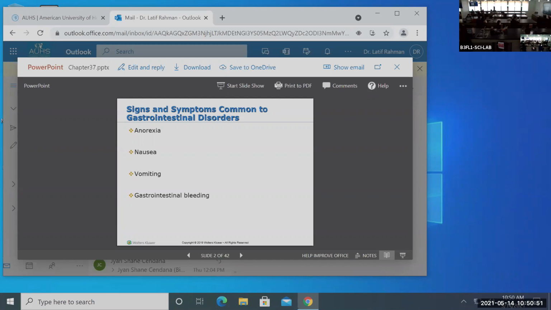Because of the inflammation, these two parts become connected and form a passage for fecal material, food material, whatever. And this passage, which is formed because of my chronic condition, is called a fistula.